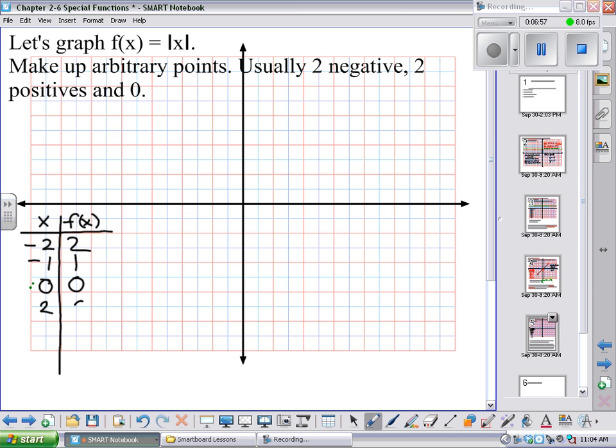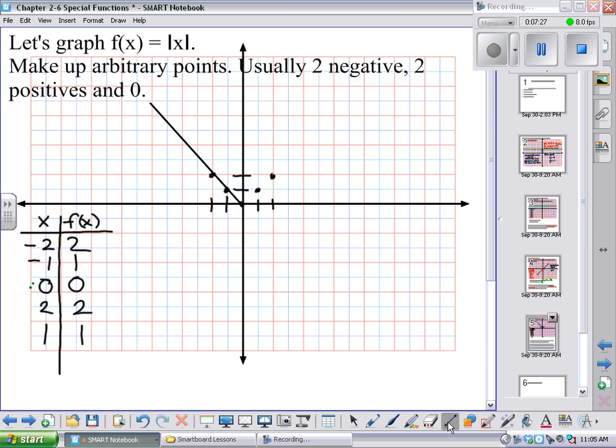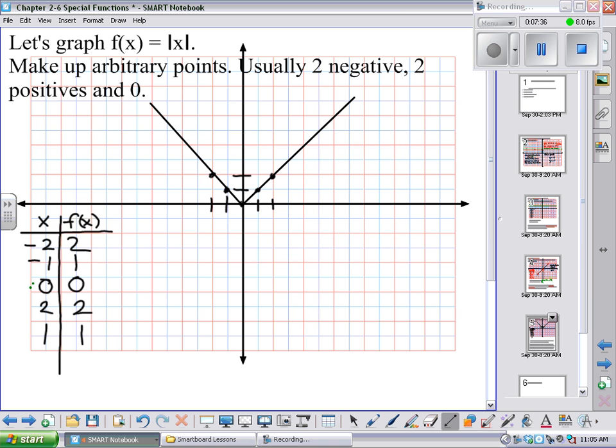Plug in 2, get out 2. Plug in 1, get out 1. Okay, so we go ahead and graph this. And we end up with a V shape. Absolute value functions always have a V shape.